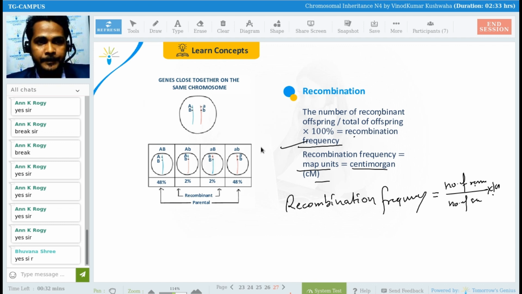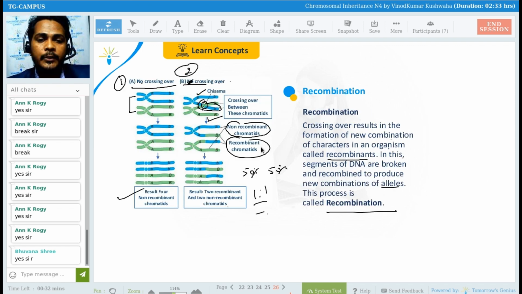Sir, does crossing over and recombination happen only when the traits are sex related? If other traits are not sex related, are they always in complete linkage? Always keep in mind, crossing over takes place in sex chromosomes.